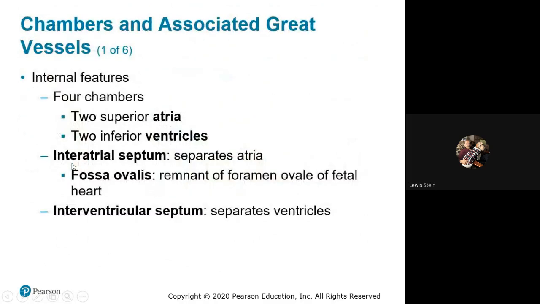Same illustration you saw before. Atria and ventricles, a divider. First noteworthy bit of anatomy. That's elegant.